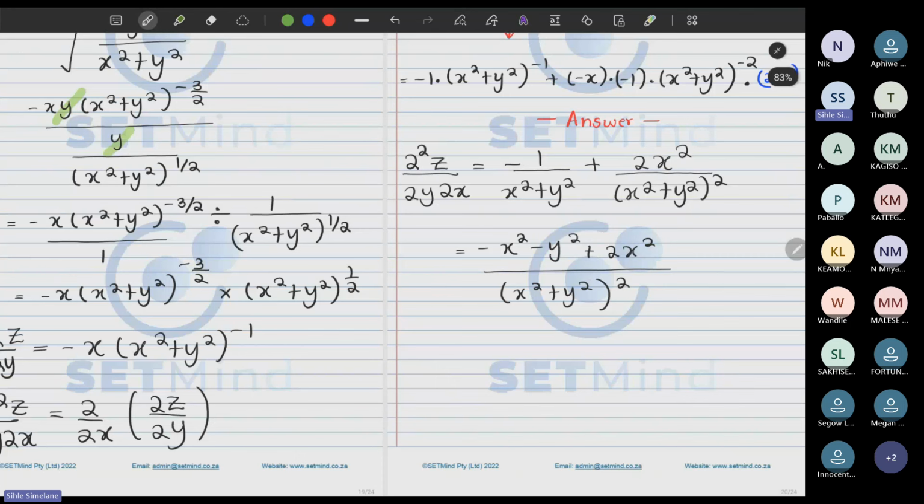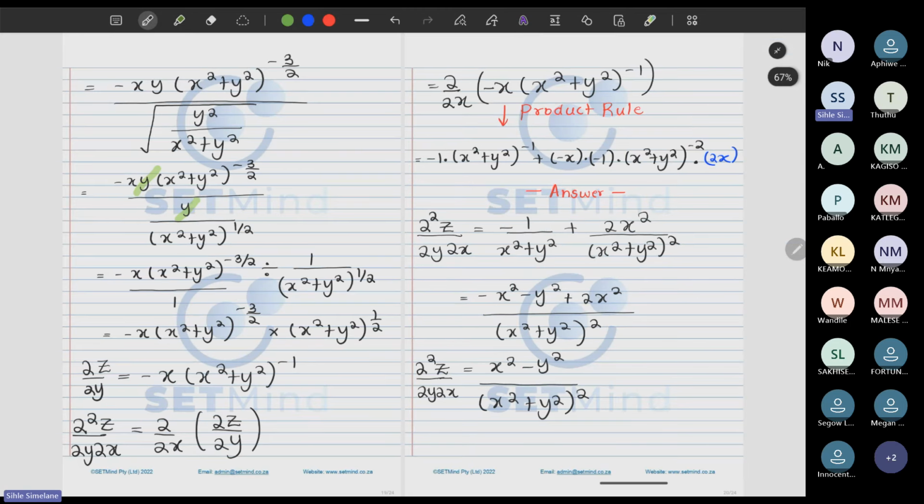So that our final answer will be, those will add up and then we'll end up having x squared. So it will be (x squared minus y squared) divided by (x squared plus y squared) all squared. So that is our partial derivative of z with respect to y, then x. So that is what our final answer will be.